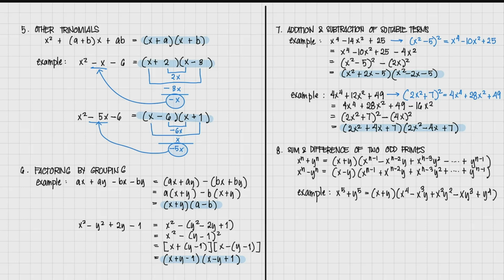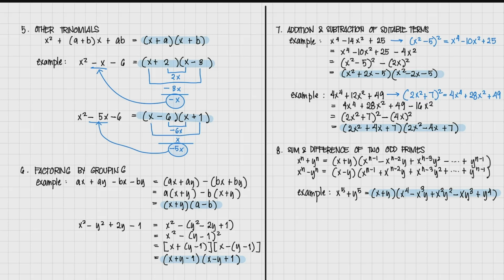And that's the factor. Okay. Maybe another example. So maybe something a bit much more longer.